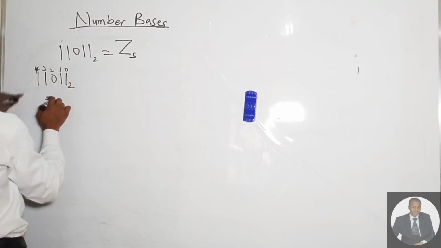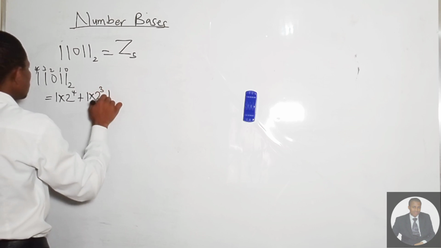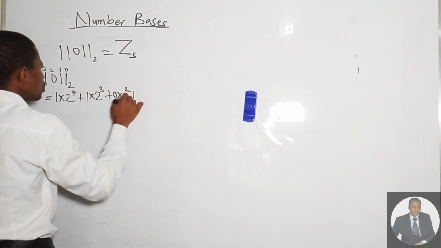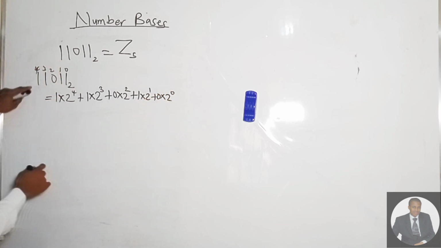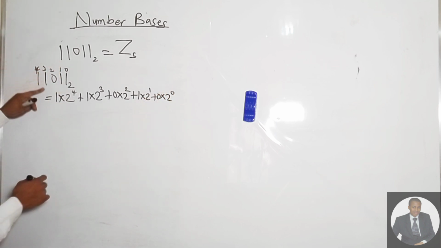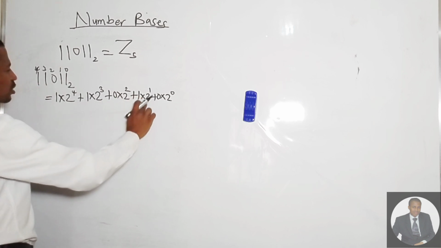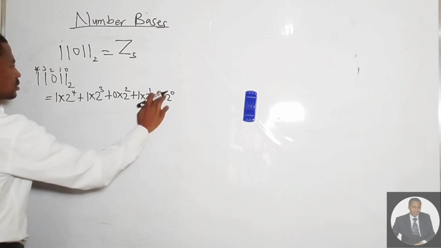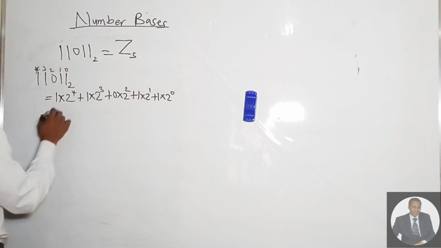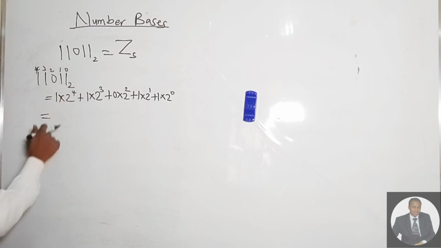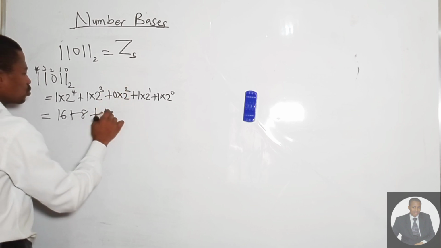That will give us 1 times 2 to the power of 4 plus 1 times 2 to the power of 3 plus 0 times 2 to the power of 2 plus 1 times 2 to the power of 1 plus 1 times 2 to the power of 0. 2 raised to the power of 4: 2 times 2 is 4, times 2 is 8, times 2 is 16. 2 to the power of 3 is 8, 2 to the power of 2 is 4.